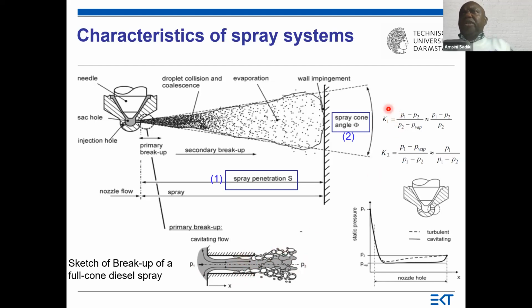And we can also build some cavitation parameter here. But here I show only that the static pressure is different if we have a correct turbulent flow, and if we have some variation of the pressure here, then the static pressure will be different within the nozzle.